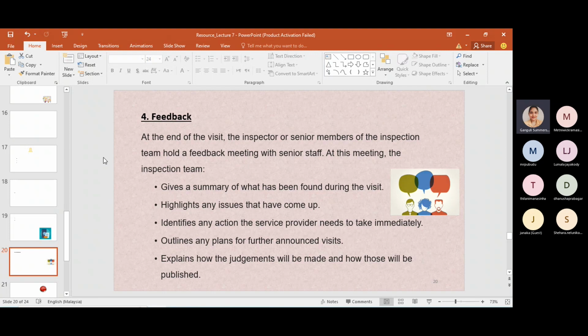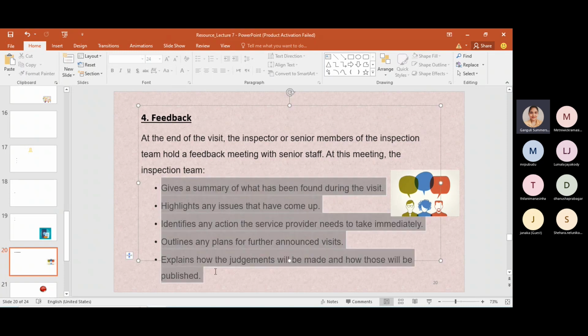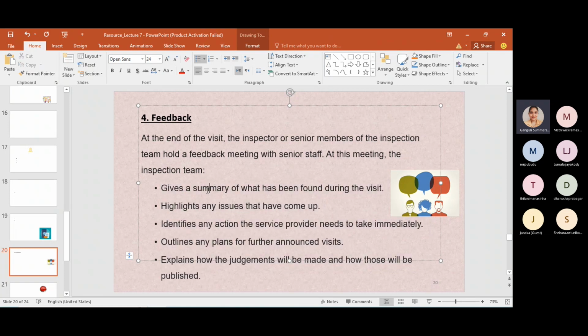Okay, so when you give your feedback at the end, these are the things that you will include in your feedback. The CQC inspection team will give a summary of what they found out during the visit.